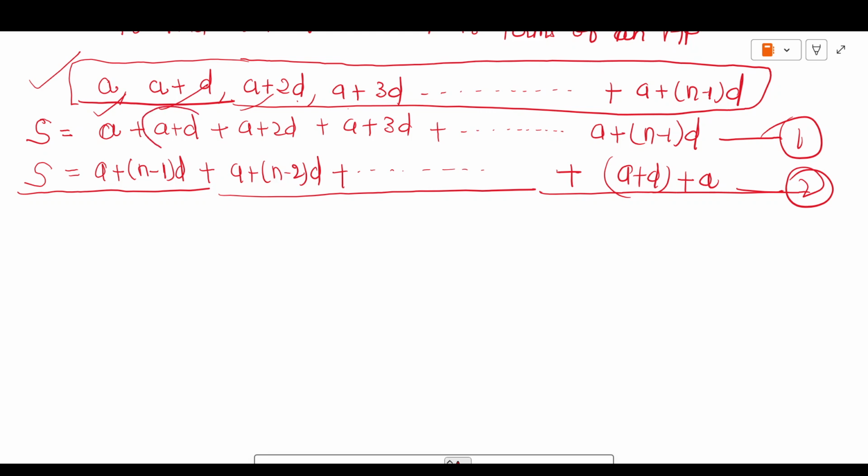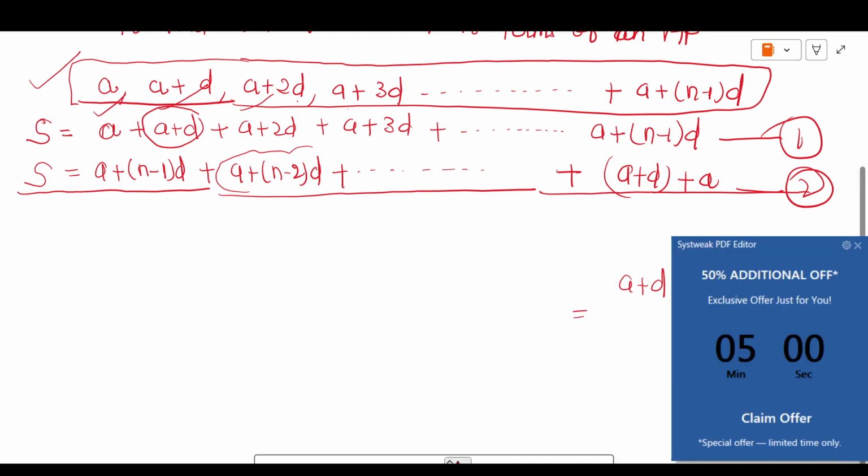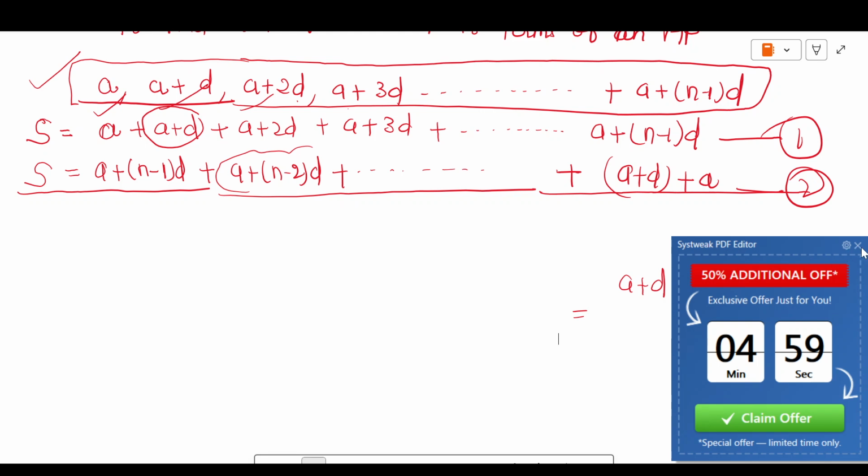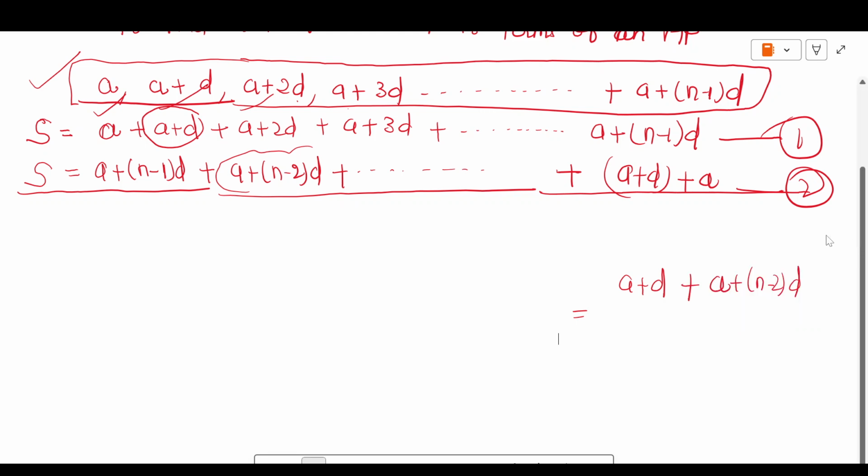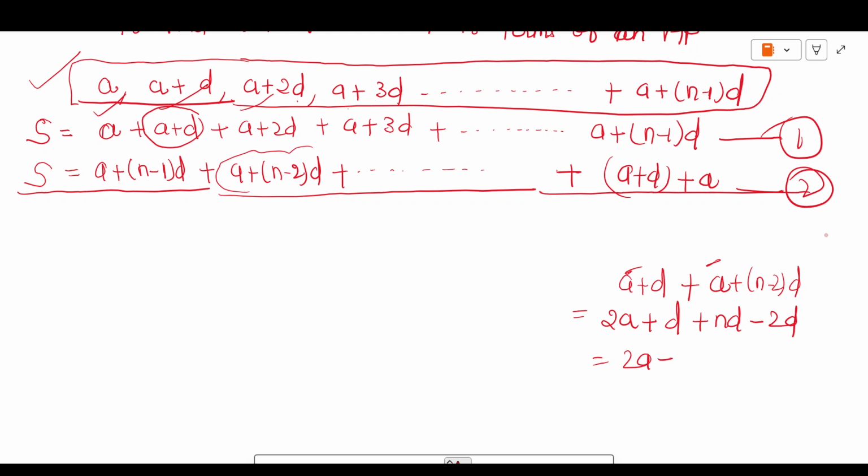Here is A plus D. If we add A plus D and the second term, A plus (n minus 2) into D, we get 2A, this A and this A, plus D plus open the bracket (n minus 2) D. So we get 2A plus D plus (n minus 2)D.